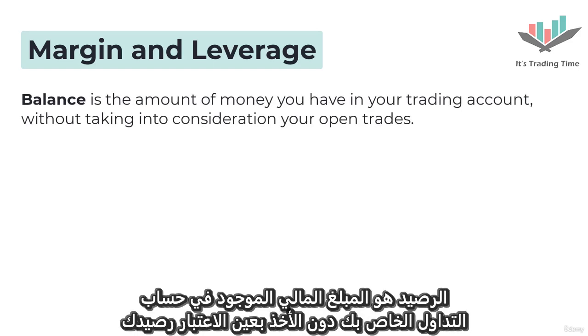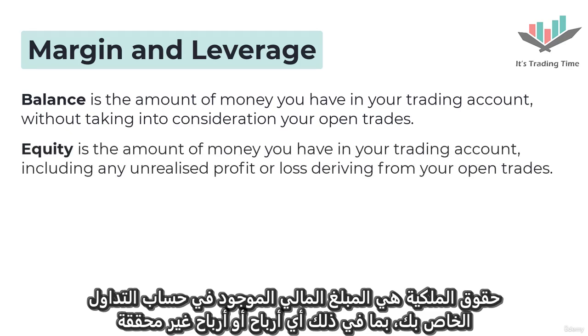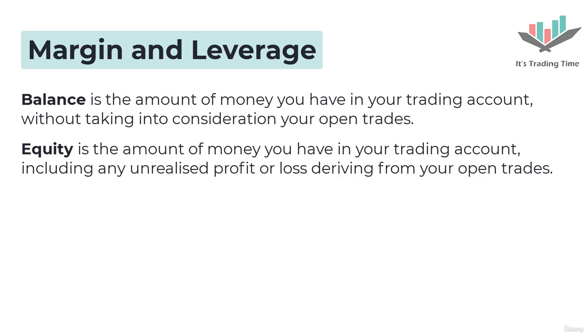Balance is the amount of money you have in your trading account without taking into consideration your open trades. Equity is the amount of money you have in your trading account, including any unrealized profit or loss deriving from your open trades.